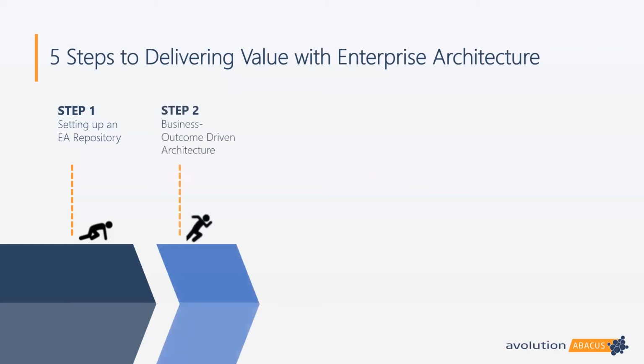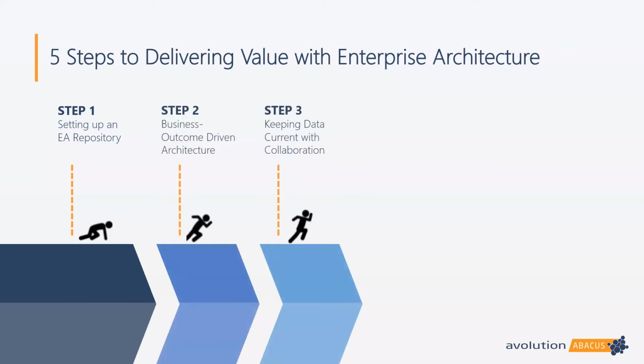Step 2, we're focusing on data and efforts towards business outcome driven architecture, using the best of both data driven and diagram driven architectures. The third step, we'll look at ways of keeping this data current and ways to include the wider team from other departments to help ensure that this data remains up to date and valid.